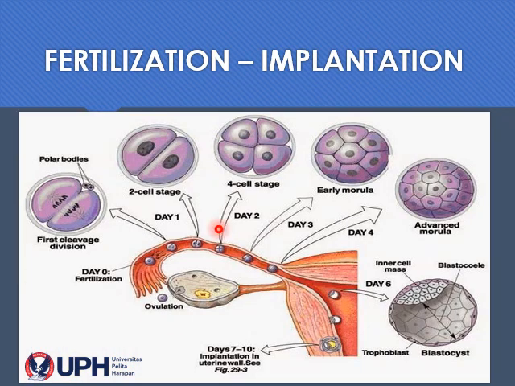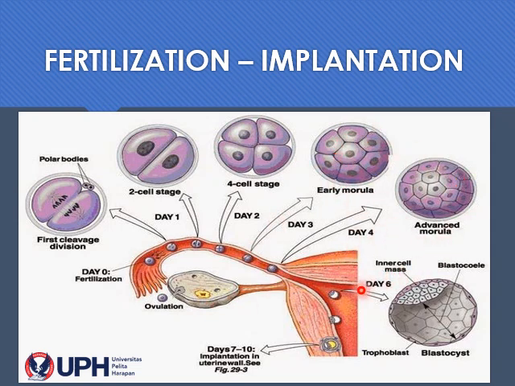So the fertilization and implantation happen when there is ovulation, and then the sperm meets the egg in the fallopian tube, and there's what we call day 0 or the day of fertilization, and then in day 1 there will be the first cleavage division, and then on day 1 it will be the 2 cell stage, and day 2 will be the 4 cell stage, and day 3 will be early morula, and day 4 will be advanced morula.